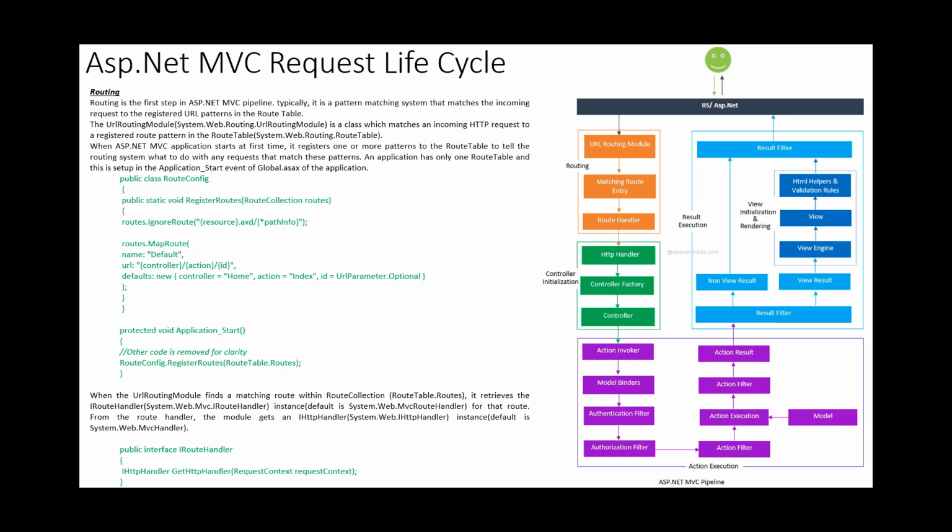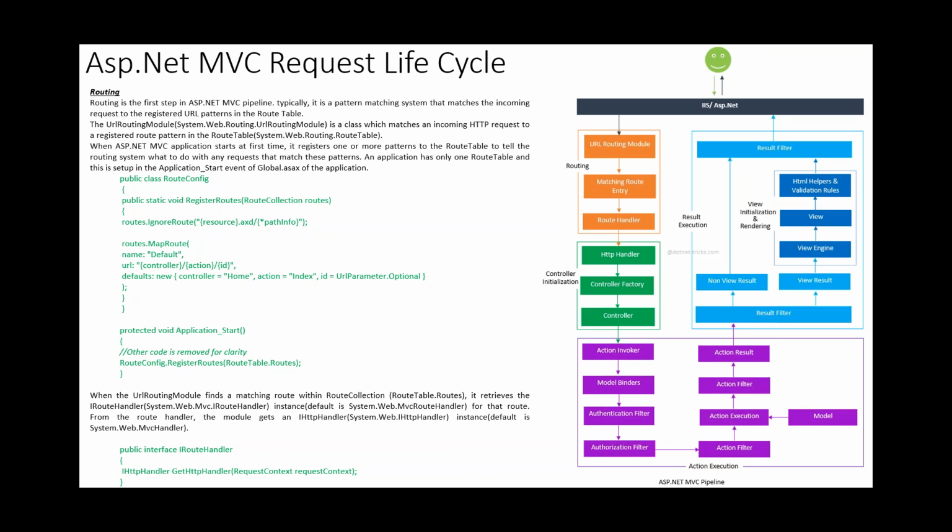The action filter decides what kind of action we are going to execute, and then action execution starts. The model, whatever is required, from the database or wherever, we will generate that model and get it. Then the action filter is executed, and the output action result will be sent to the result filter.